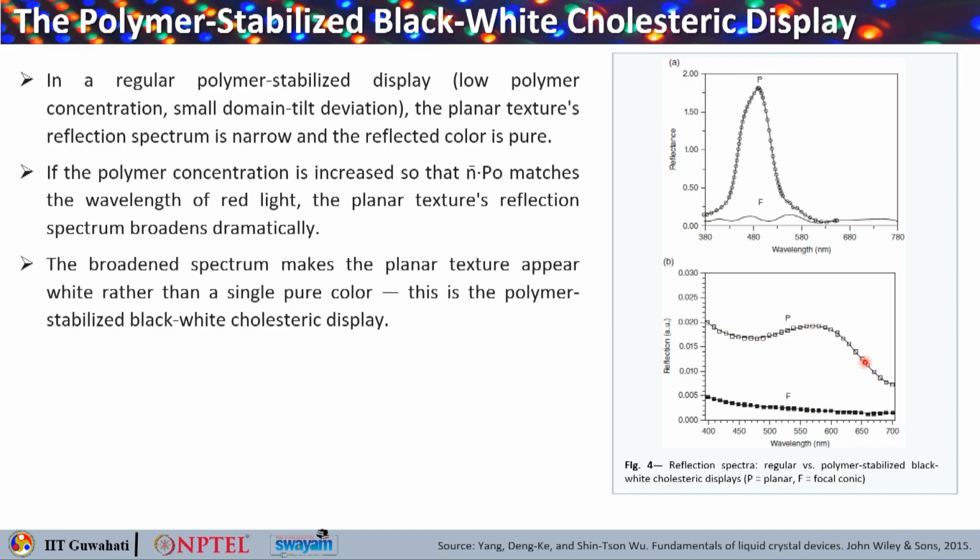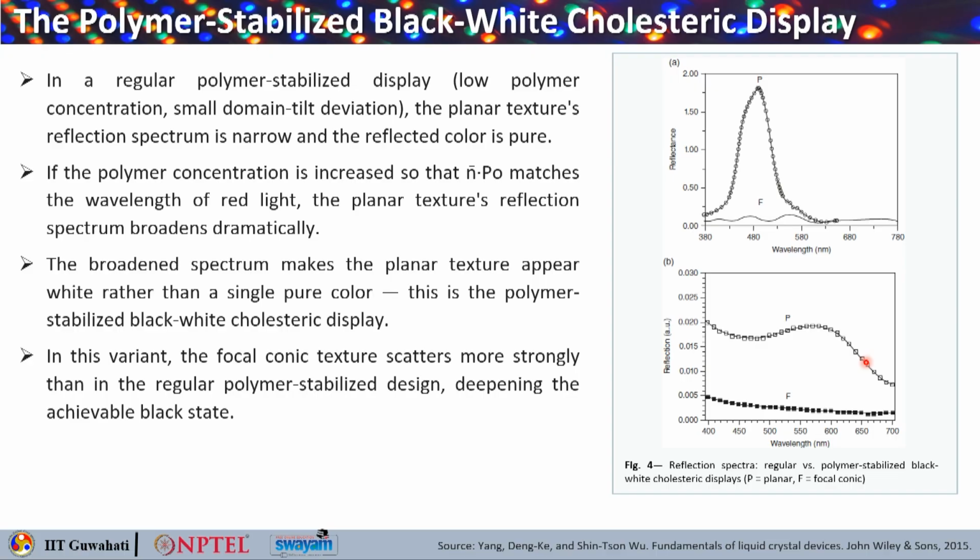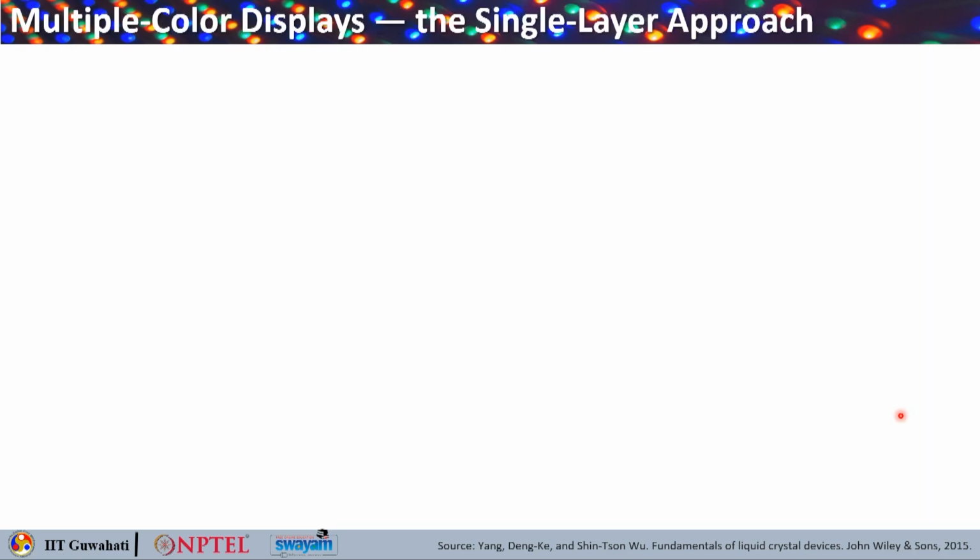This is the polymer stabilized black white cholesteric display. In this particular variant, the focal conic also scatters more strongly than in the regular polymer stabilized one. So you can see here this has also increased, depending on the achievable black state.